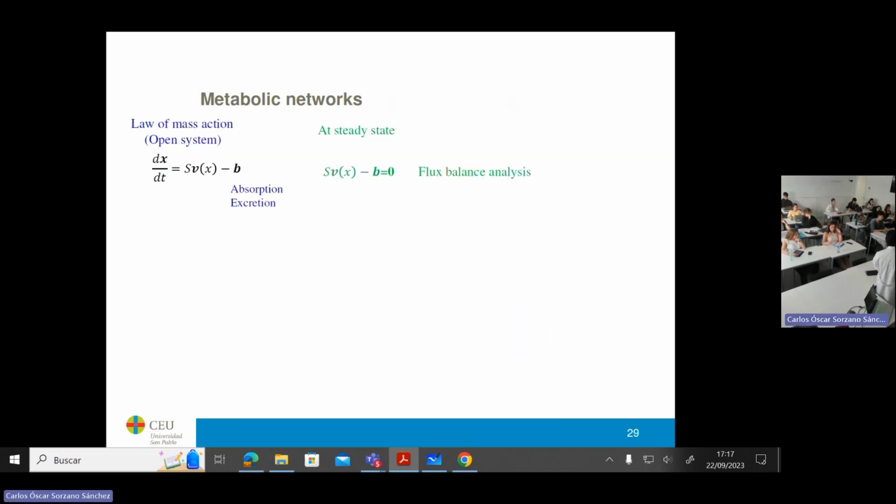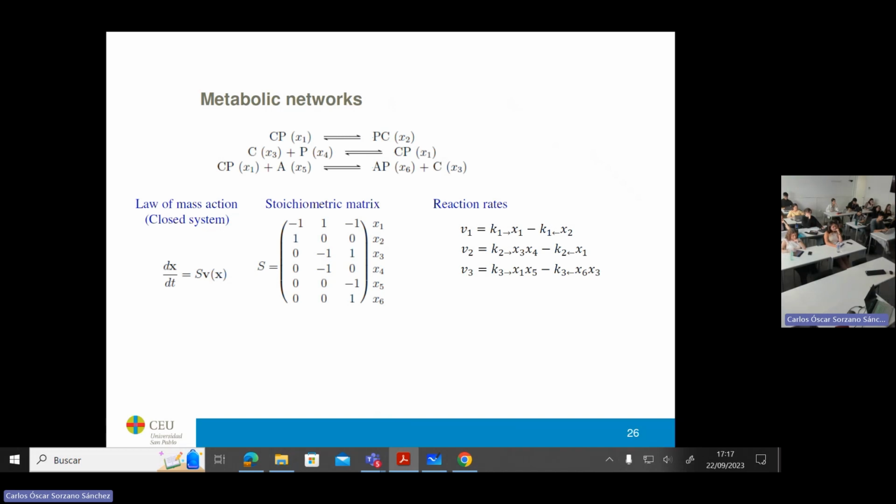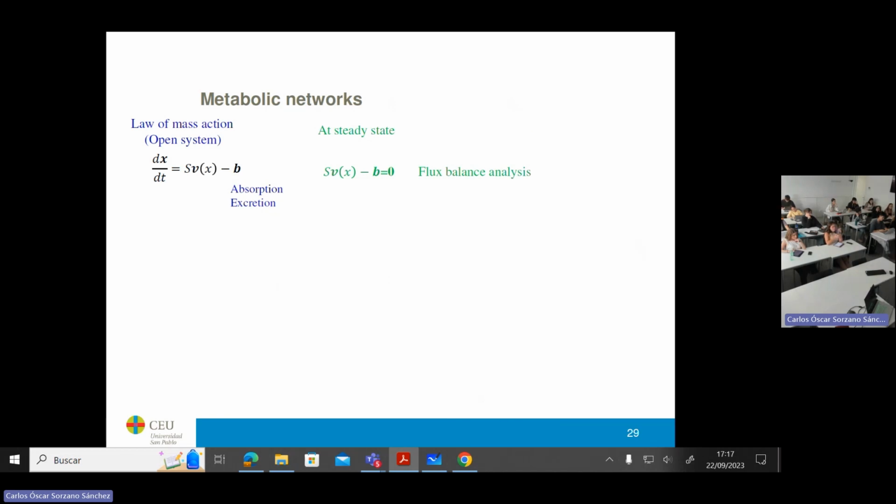Okay, so these were closed systems. The concentration depended only on the current concentration. But what if we have an open system? If we have an external input, and we can also excrete something, so we can take nutrients or compounds from the environment, and we can put them back into the environment, whatever metabolites that we don't want.